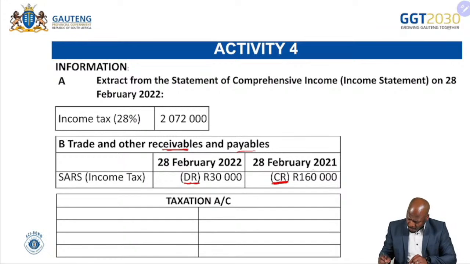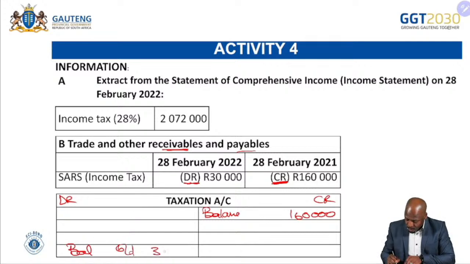So my opening balance in 2021 is credit. So remember, here is my credit and here is my debit. So I'm going to come here. I have my balance here, which is 160,000. And my closing balance is debit. So I'm coming here, balance brought down 30,000, debit. Remember, my lines are over here.